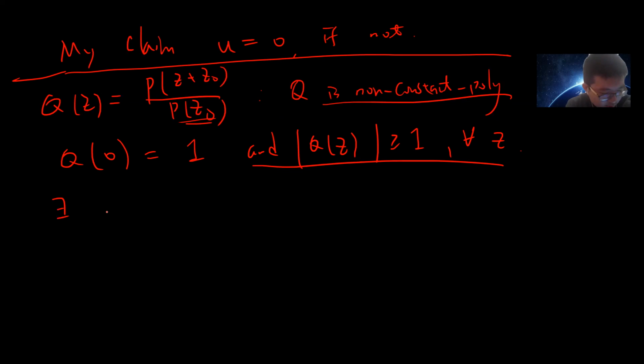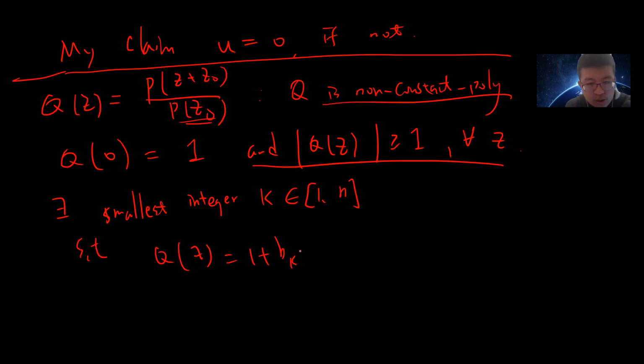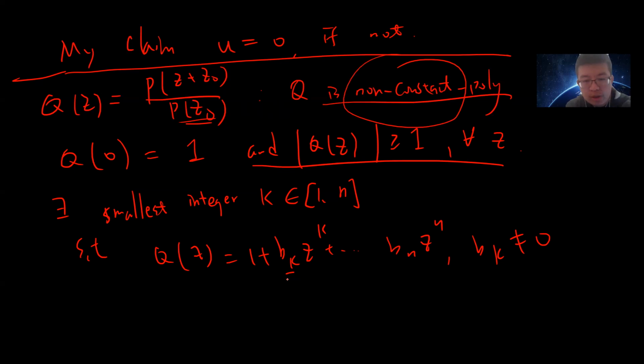So there exists a smallest integer k, from 1 to n, such that Q of Z is 1 plus b_k Z^k up to b_n Z^n, such that b_k is non-zero. Because it is a non-constant polynomial, I can take the first non-zero term.